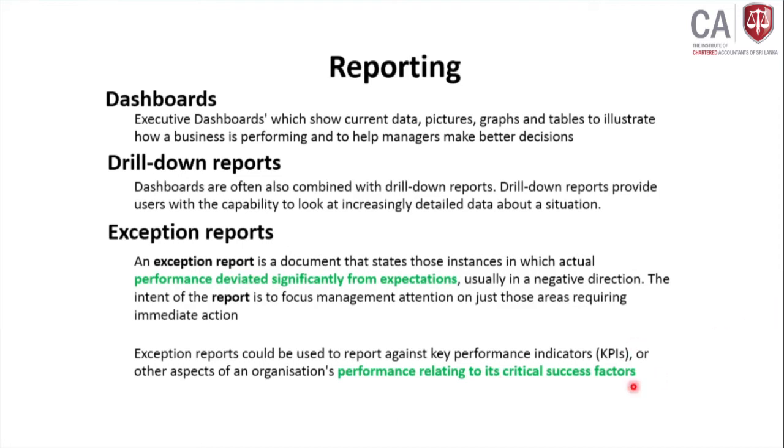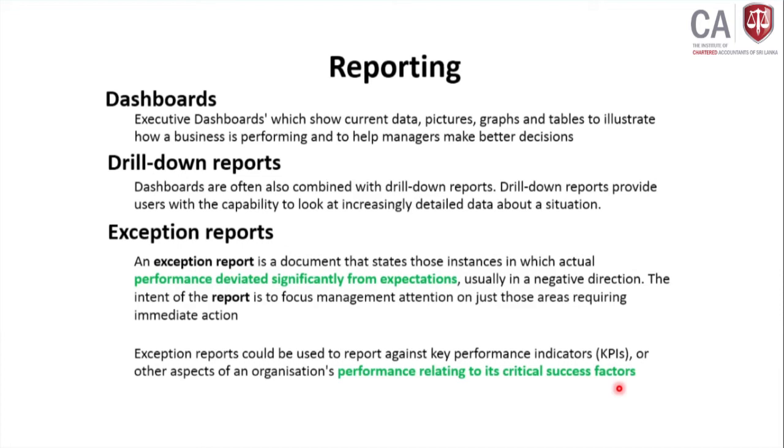So exceptional reports could be used to report against key performance indicators, KPIs, or other aspects of an organization's performance relating to its critical success factors. Sometimes in the question paper, if they ask, there are some reports which deal with KPI. KPI means key performance indicator. In April you have to reach this number of 1 million goods sold, but you could not do it.